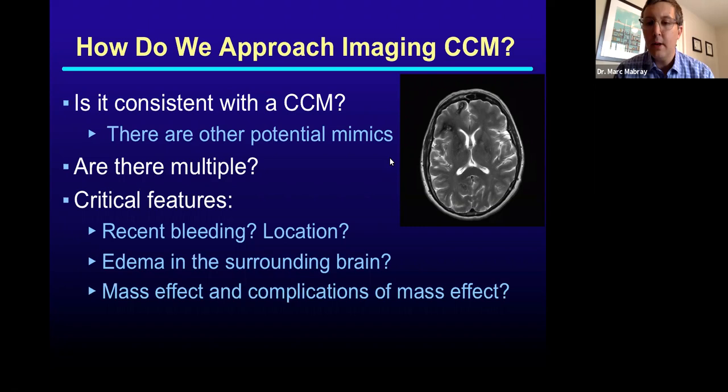And then are there any complications of that mass effect? Large bleeds in the brain can push the brain. It's called herniation, where you essentially push the brain over or down into areas it's not supposed to be. And then there's the ventricular system, which is where the fluid is in the middle of the brain. If there's a lot of mass effect, it can potentially obstruct the flow of that. So that's something else we want to think about.